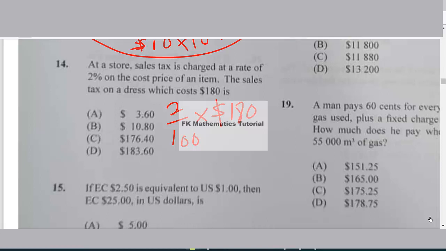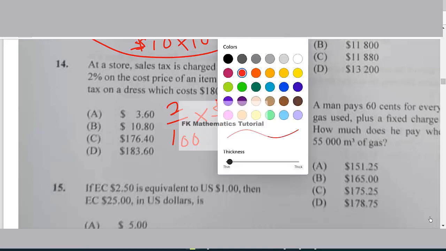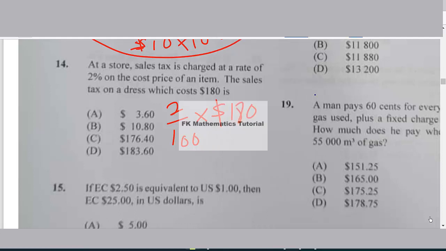So let's cancel out. So this will cancel this. Now 2 times 18 is 36. So $36 over 10, and that will give you $3.6. So the correct answer is A.